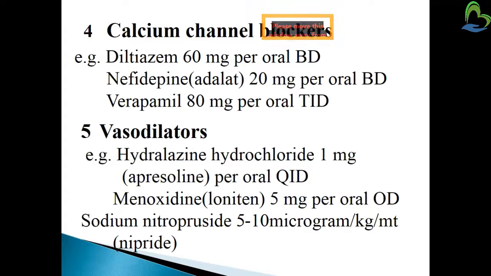Calcium channel blocker, nifedipine is commonly given, but other examples are diltiazem and verapamil. Vasodilators are fifth, that is hydralazine hydrochloride 1 mg can be given, or minoxidil. Even commonly sodium nitroprusside is taken, that is 5 to 10 micrograms per kg per minute.